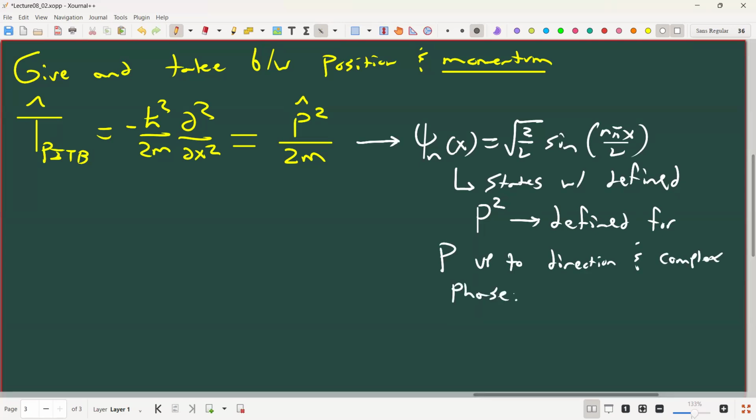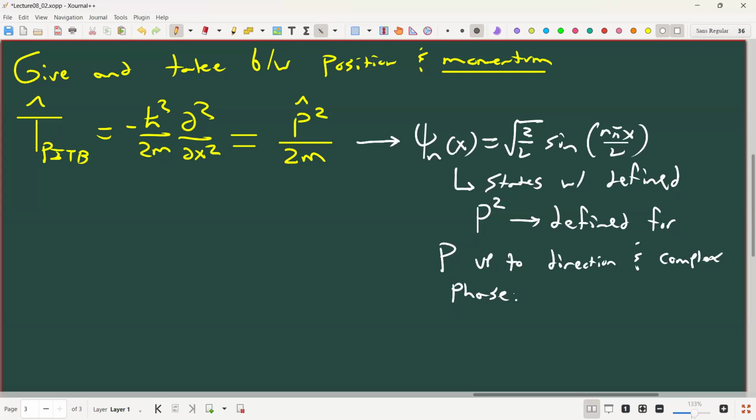Okay, so what this means is that, remember, momentum is a vector, so we have no knowledge about whether it's moving in this direction or this direction. And remember, it's also a phase, so there's an imaginary component associated with it, and we don't know anything about that either. Think about it in terms of a velocity vector. A velocity vector has a speed, the scalar part.